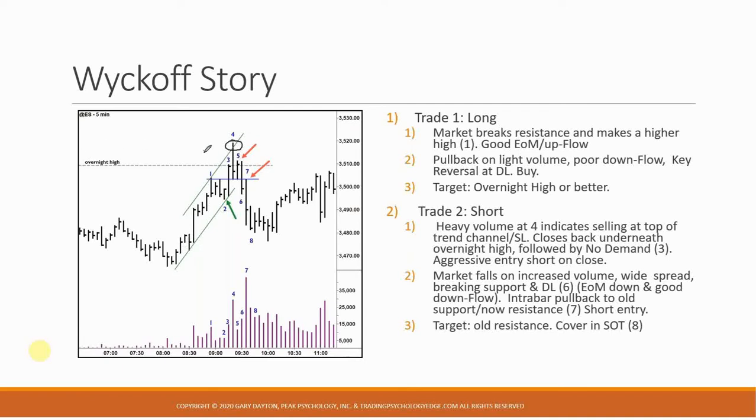And it's also occurring at the overnight high where the market failed to go higher. So we're getting supply coming in, followed by no demand at resistance, okay? And so there's a story for us to take a short. That's a much better idea than other places on the chart for a short. But that's a nice Wyckoff story.